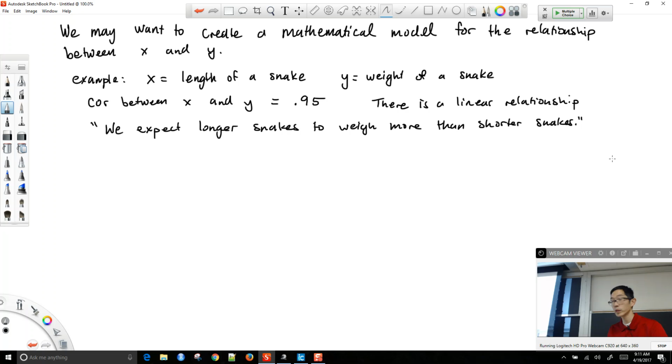Now, perhaps we want to be more specific than this. In this case, we could create a mathematical model, and with a model we can kind of quantify this.